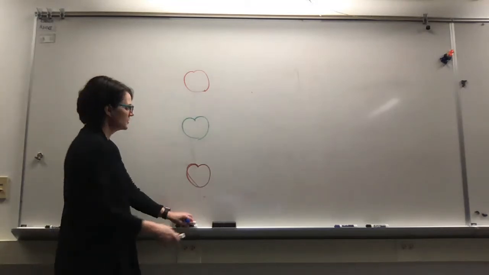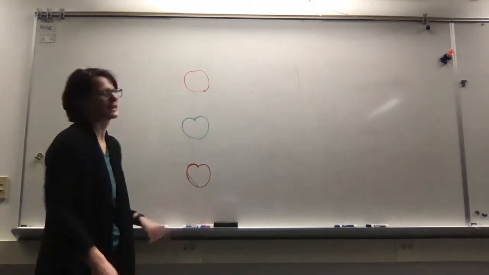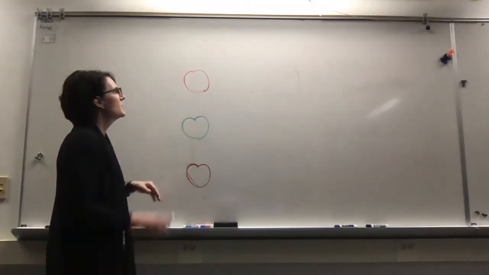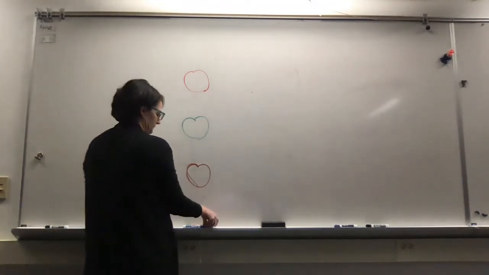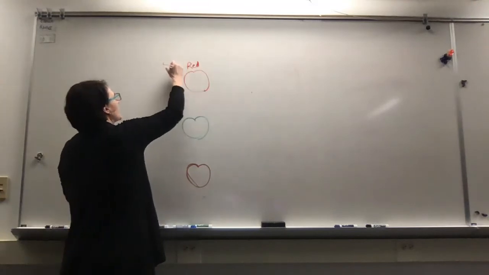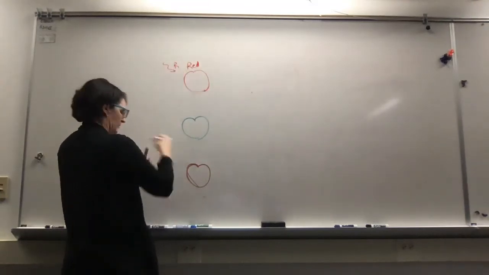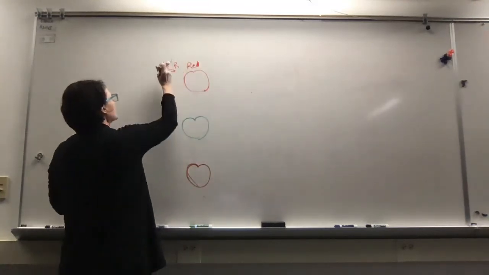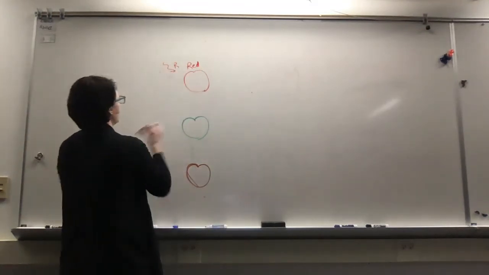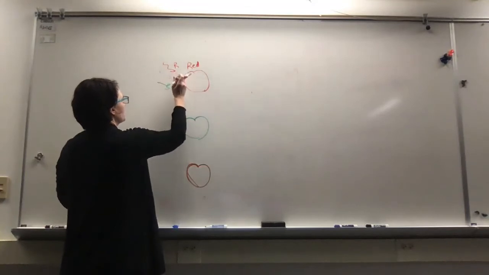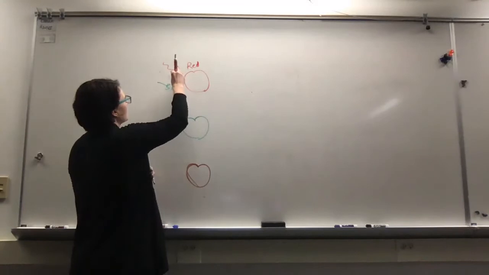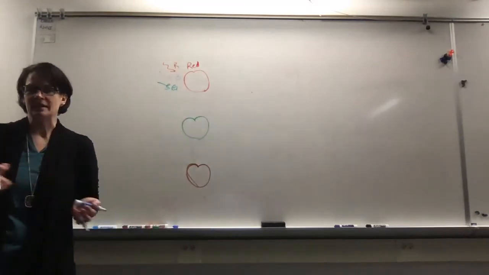So let's imagine that it's the fall-ish time, close to winter, but we have a red apple, a green apple, and a yellow apple. So this is a red apple. Red light comes down, hits the apple from the sun. Green light comes down, and blue light comes down and hits the apple. What happens?